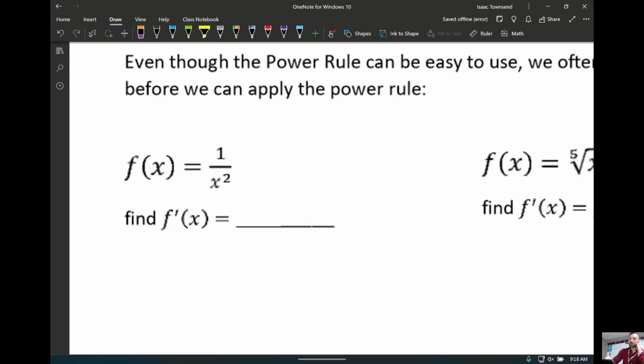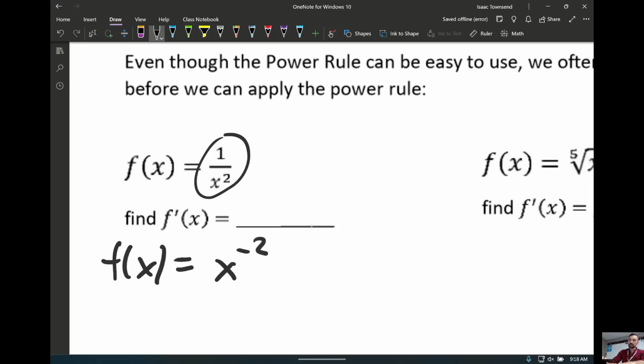What you're going to have to do is use your algebra skills. That could be exponents or fractions or trig identities or anything, but you need to make this look a certain way. So instead of calling this 1 over x to the positive 2, I'm going to call it x to the negative 2, because now that it's in the correct format, I can do power rule.